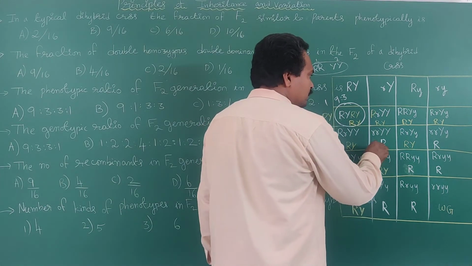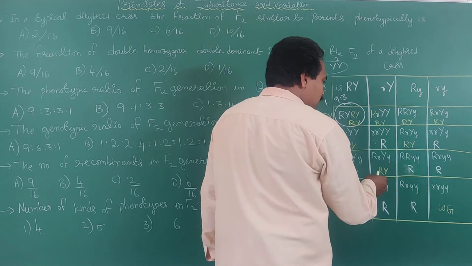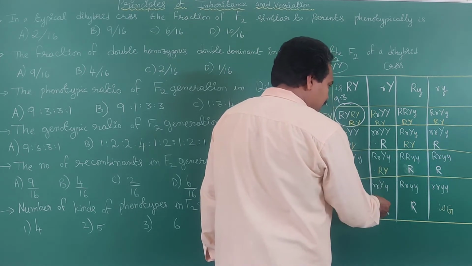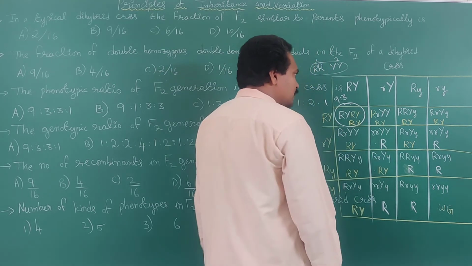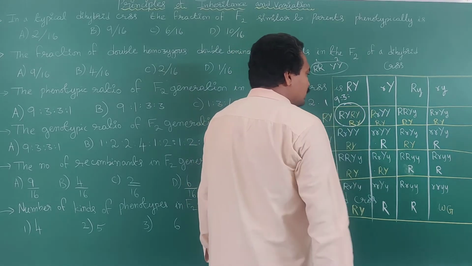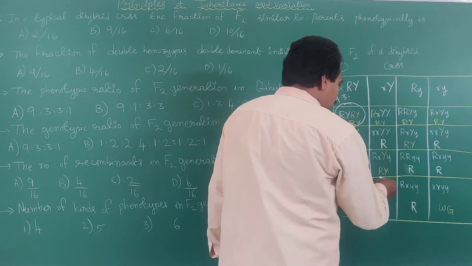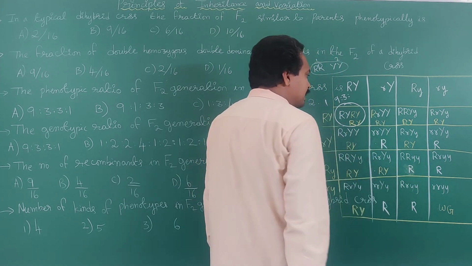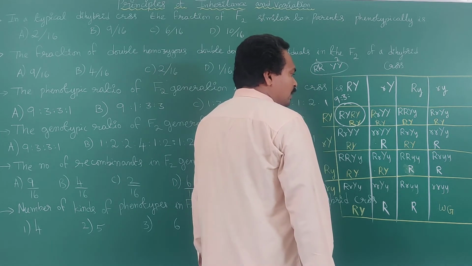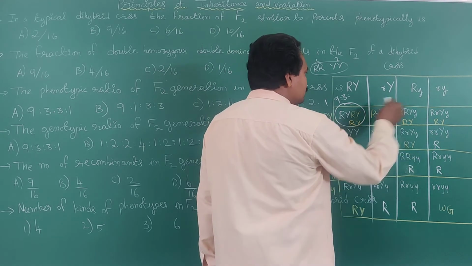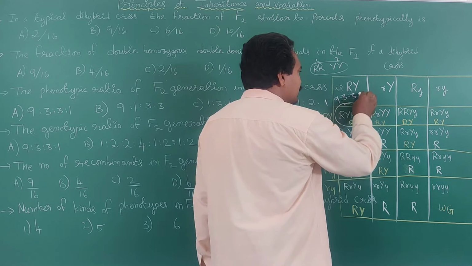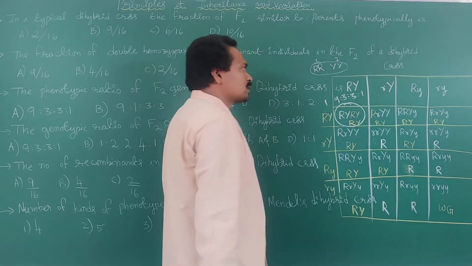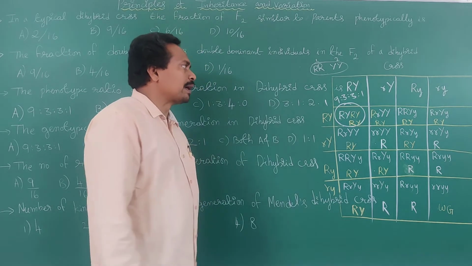This is a wrinkled yellow, wrinkled yellow. Okay, and another one, the wrinkled yellow. 3. And that's round green. Round green, how many are there? 3. Wrinkled green, how many? 1. So what is the phenotypic ratio?